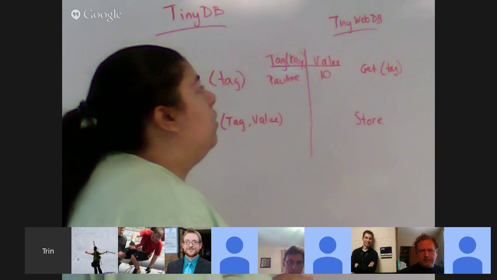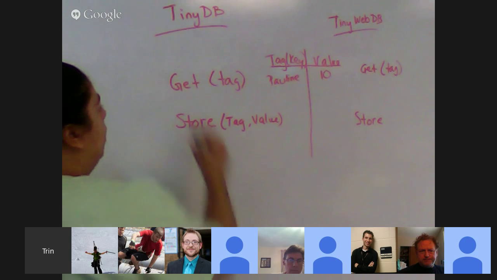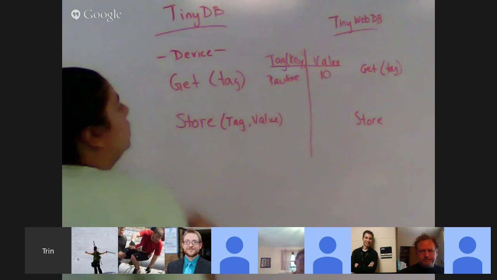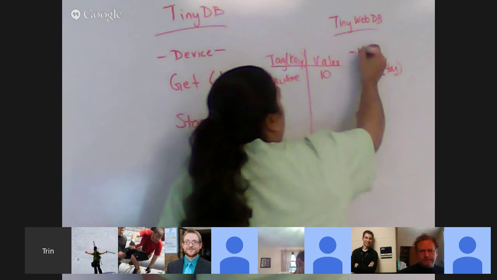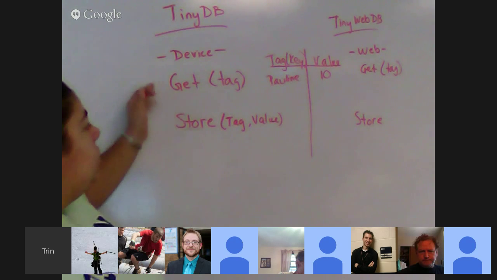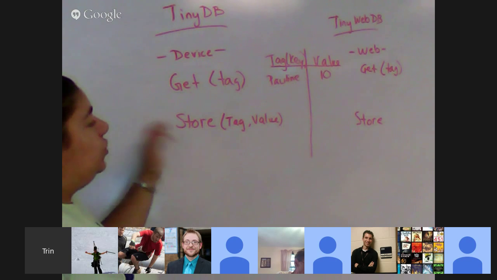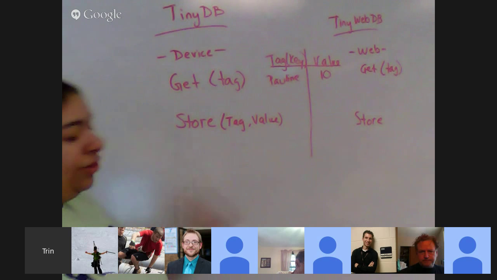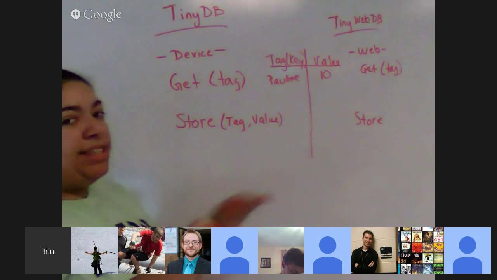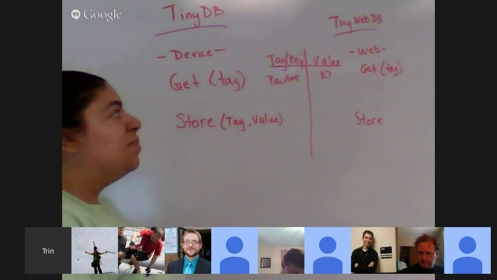The difference now is that the TinyDB is stored on the device. This is on the web. So you have something on your device, all you need to do is say get the value under this tag and store this value under this tag. There's no wait time because you're not communicating over a server. You're just communicating with the device's storage.